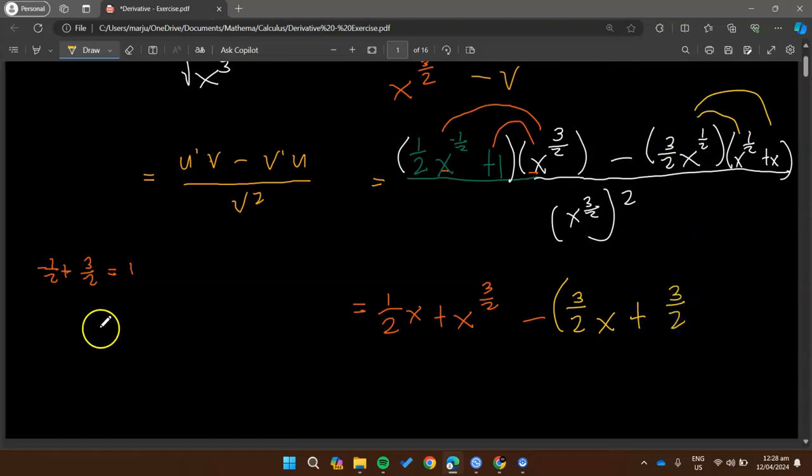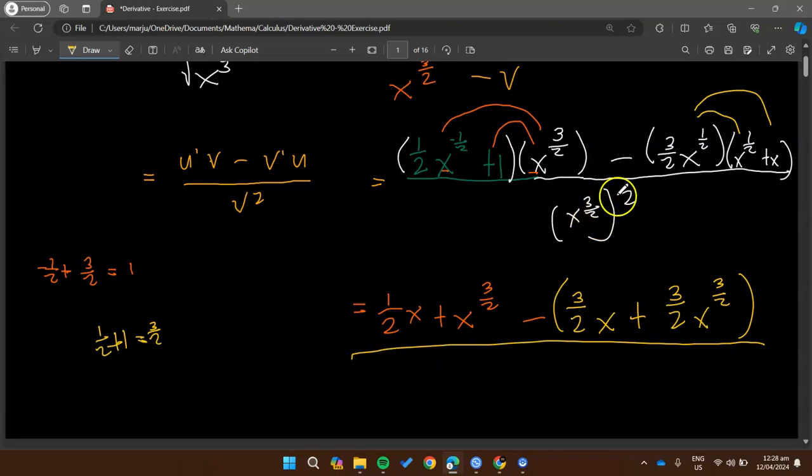What is 1/2 plus 1? That is just 3/2. So we will have x raised to 3/2. Right? And then at the bottom, this and that is cancelled. We will get x cubed.